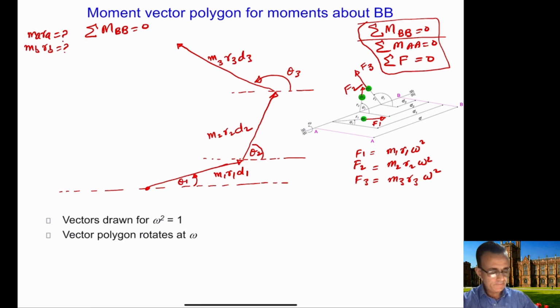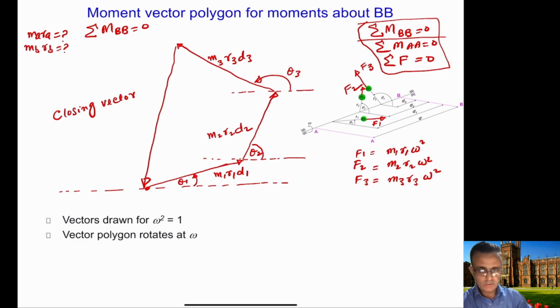Okay, so now we want to make sure that the resultant moment at A is equal to 0. This means that this resultant should be in this direction here, so that we get a 0 resultant. So this vector is required to close this polygon, and this vector here will be the closing vector.